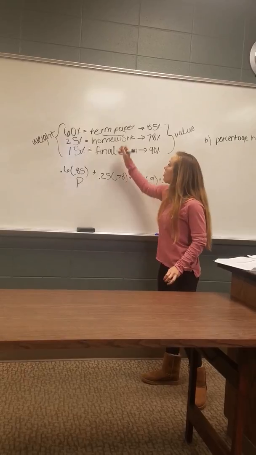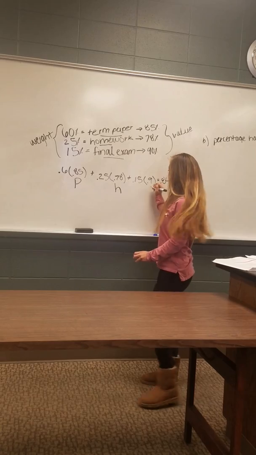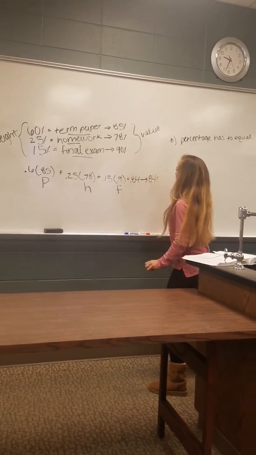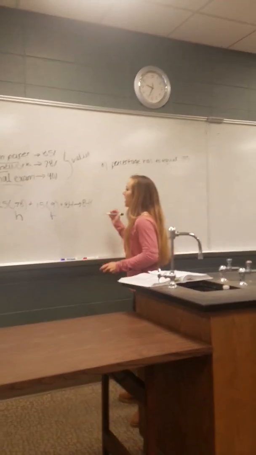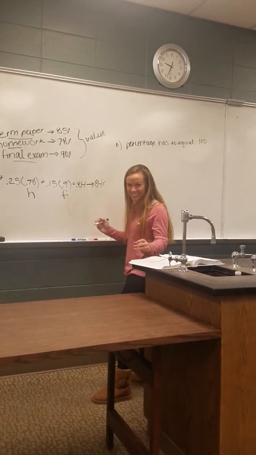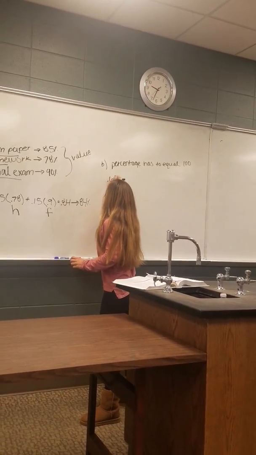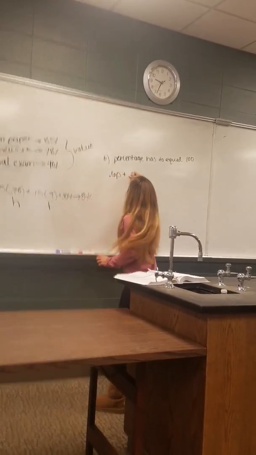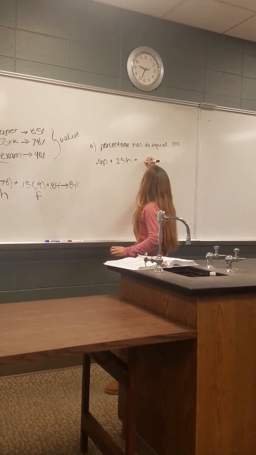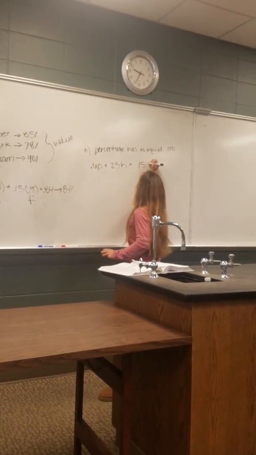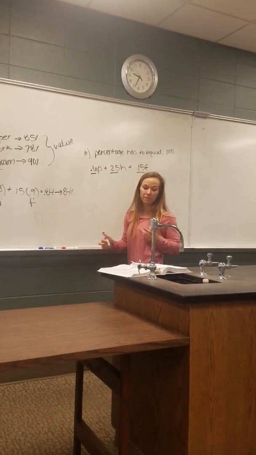For the homework, we're going to use H, and for the final exam, we're going to use F. So the algebraic expression that Mr. Alberto used for his class, bless you, student, was 0.6P plus 0.25H plus 0.15F. And 0.6, 0.25, and 0.15 are just the coefficients.